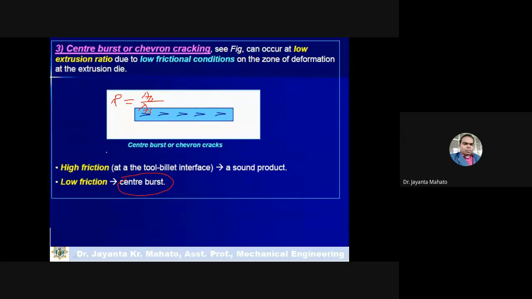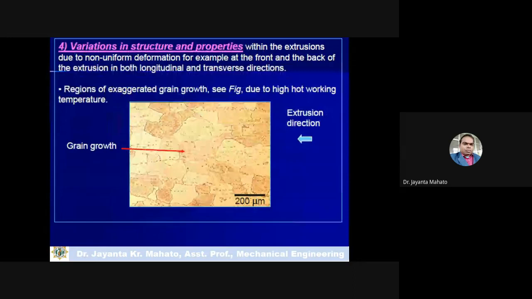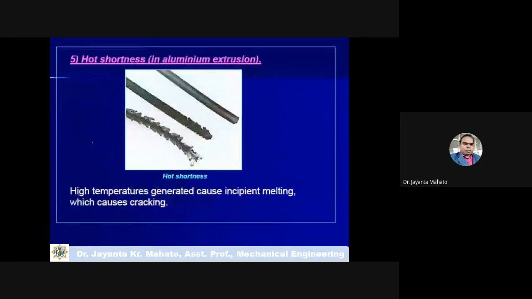Okay. Another is variations in structure and properties. I have told you that the grains will elongate. As the grains elongate, the properties along the extrusion direction will change. Okay. Another is hot softness.